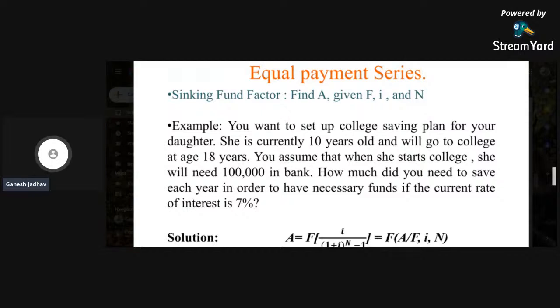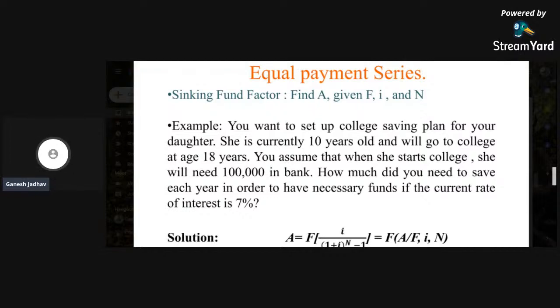For example, you want to set up a college savings plan for your daughter. She is currently 10 years old and will go to college at the age of 18. What is the value of N? The value of N is equal to 8, since 18 minus 10 is equal to 8. You assume that when she starts college, she will need 1 lakh in the bank.